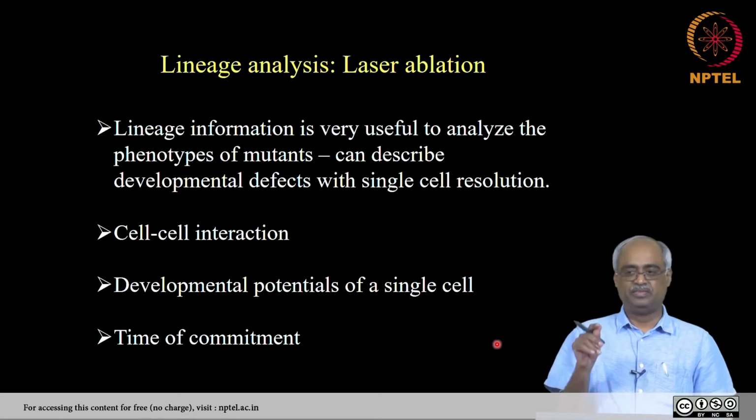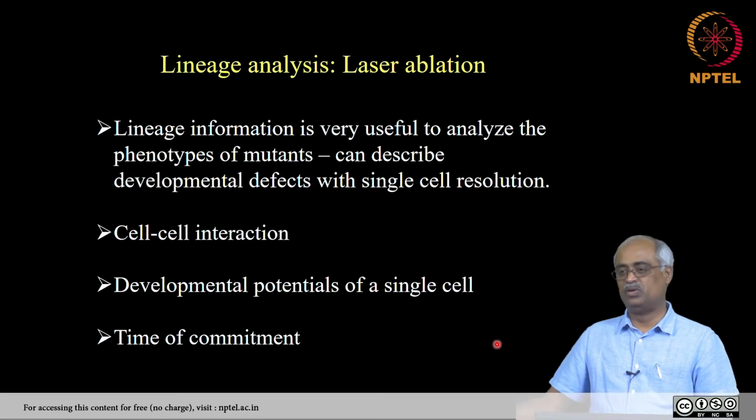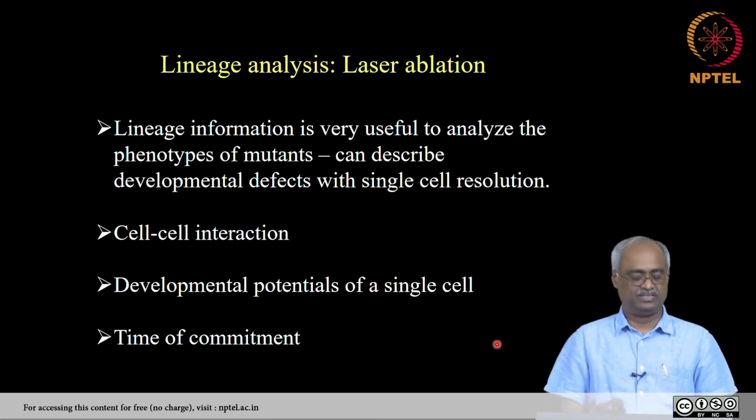In this particular cell, at this particular time, this gene must be functioning, and only then does this whole thing develop. Like that, at single cell resolution you can define a phenotype, instead of telling this: in the absence of this gene the plant will be dwarf.